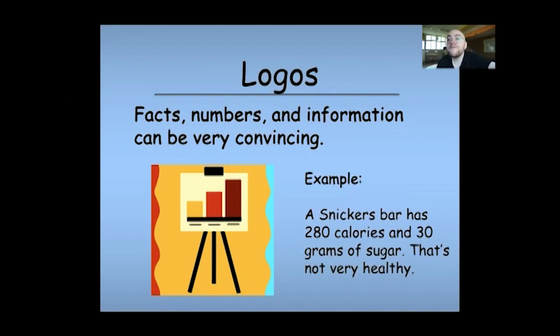Now, these are facts, numbers and information that can be very convincing. So for example, for a job interview or for something else, you would look at maybe facts or numbers like your grades, right?